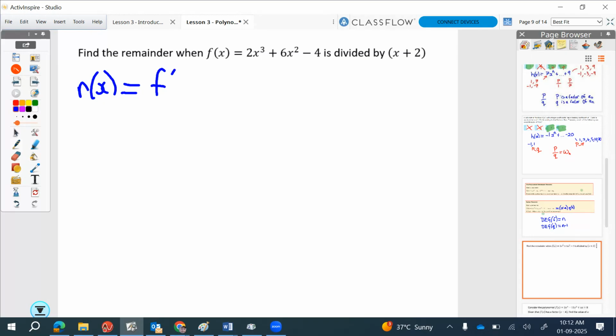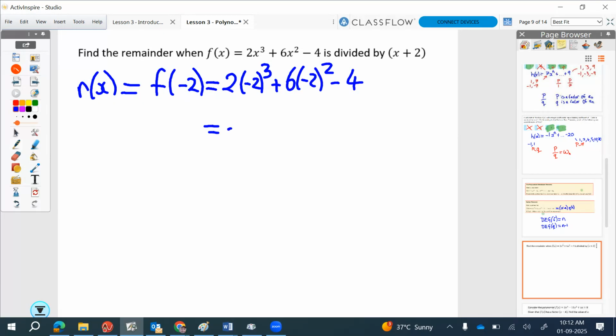We find f of -2. So that is going to be 2 bracket -2 cubed plus 6 bracket -2 squared minus 4. So -2 cubed, is that 8 or minus 8?